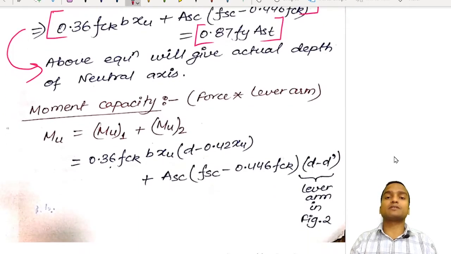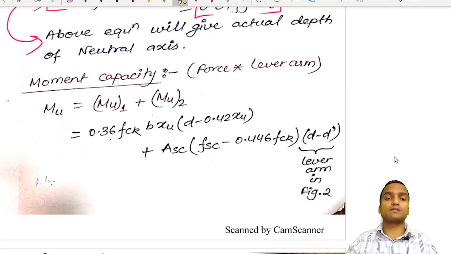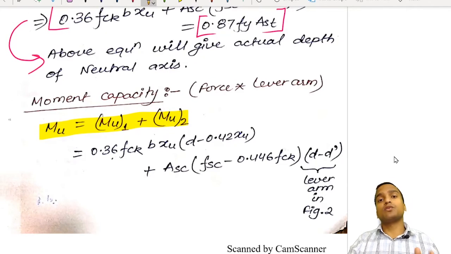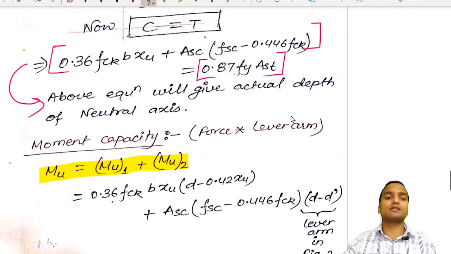So moment capacity is calculated by multiplying the force with the lever arm, and we can write from the principle of superposition Mu is equal to Mu1 plus Mu2. And the value of Mu1 and Mu2 can be calculated either from the compression zone or the tensile zone. So first of all we have done it from the compression zone, and you see this formula here.